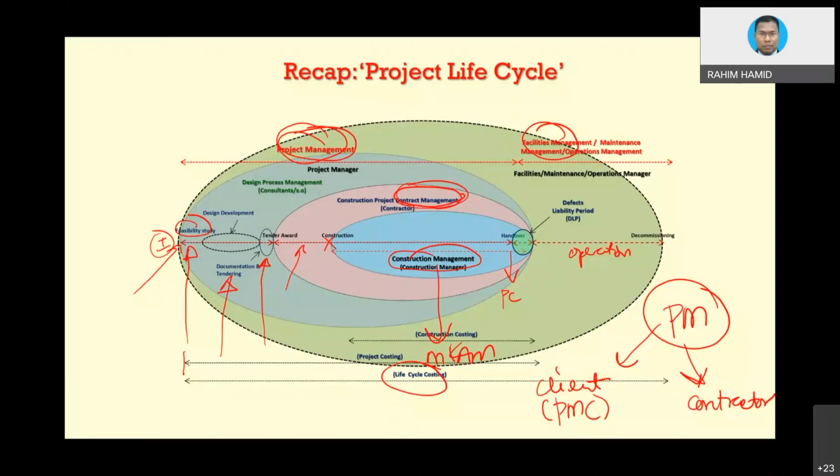Let's say the client has a few alternatives, A, B, C, D. A could be a commercial development, B could be an office building, C could be a residential building, and D could be a mall, whatever, on that piece of land. The issue is how do we decide? There could be many mechanisms. One of the ways could be to use life cycle costing.